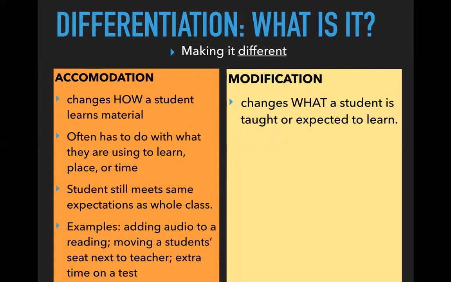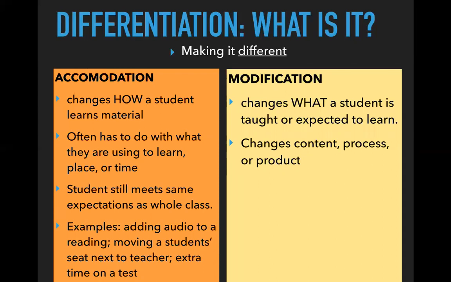Modifications. On the other hand, a modification is changing what a student is taught or expected to learn. So this means changing the content, the process, or the product. So when it comes to content, maybe you're recognizing that if you have a special needs student and they're not quite ready to write a whole 5-paragraph essay, right?